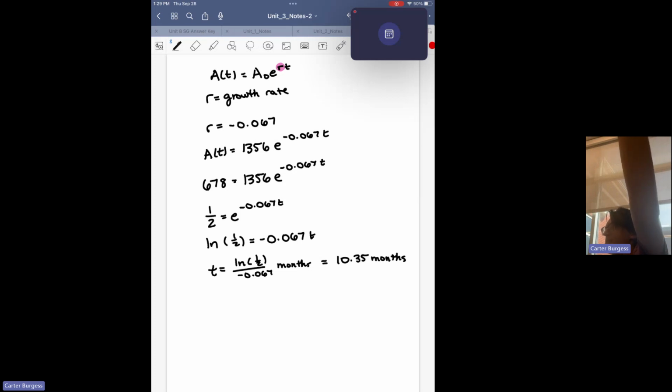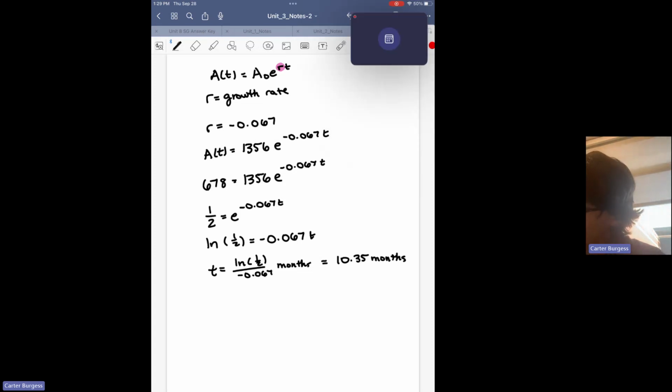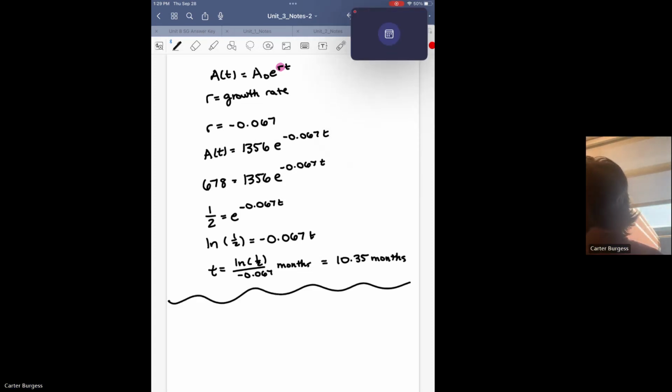I think not many people did it this way though, which is fine, because the observation that a lot of people made was, yes, my R value in this case is equal to negative 0.067, but we also derived a formula for R when we are looking at half-life specifically. What else is R?